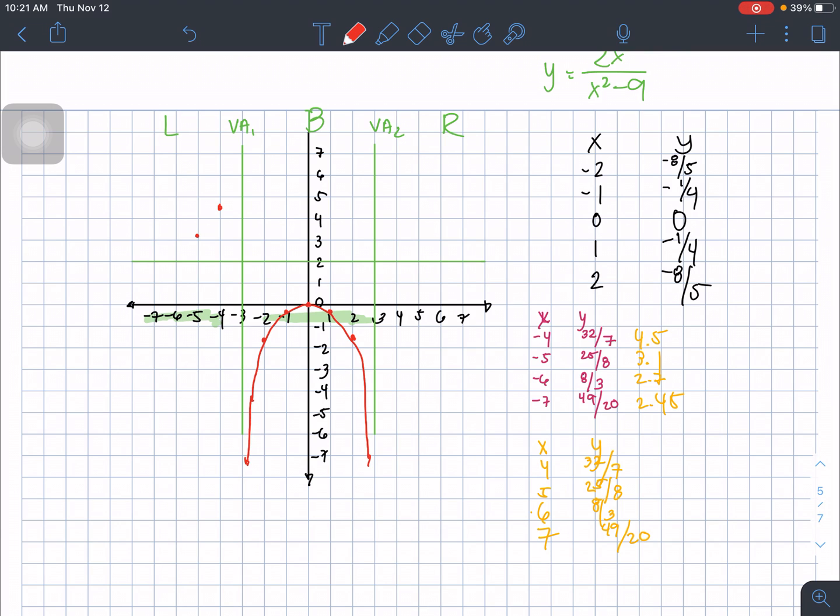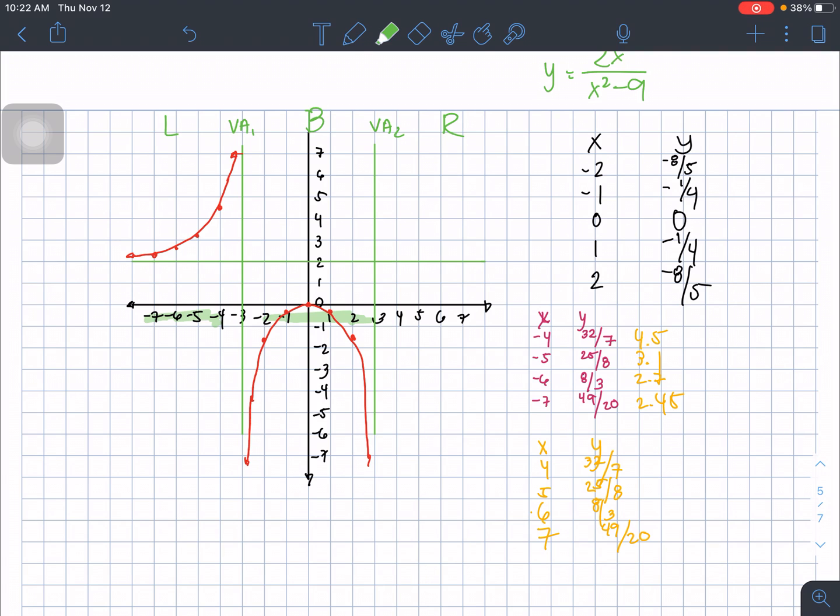Negative 6 and 8 over 3, or 2.7, so maybe around here. And negative 7 will be 49 over 20, or 2.45. It will never cross this horizontal asymptote. So it turns out that our curve is asymptotic to the horizontal asymptote and vertical asymptote 1. They will never intersect this asymptote.